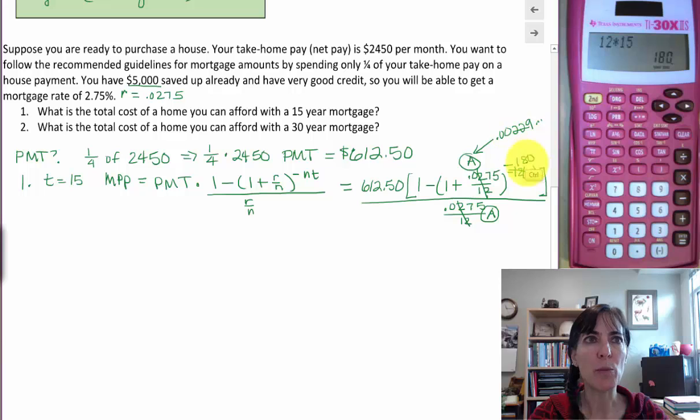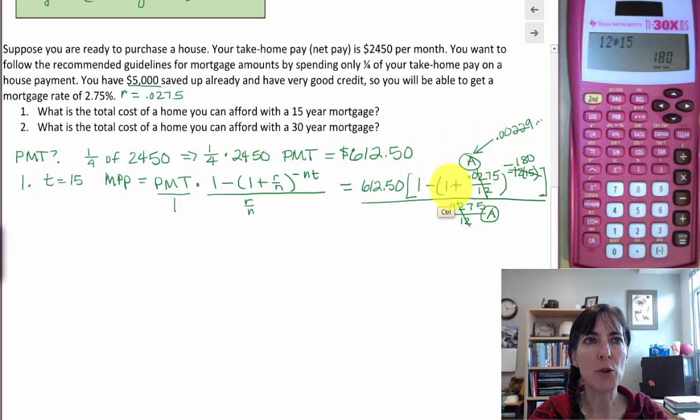I need to do 1 plus A to the negative 180, and then take 1 minus that. And I wrote this, even though the payment is out front, you can also think of it as the payment over 1, and then it's being multiplied by that numerator, and still the A in the denominator. That'll work as well.